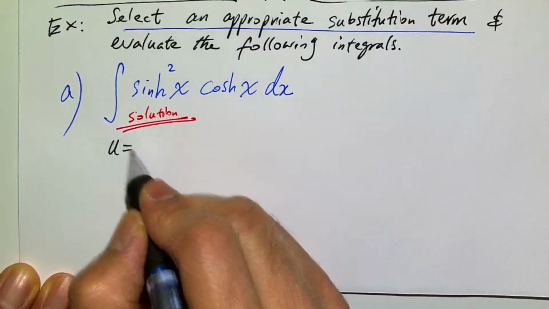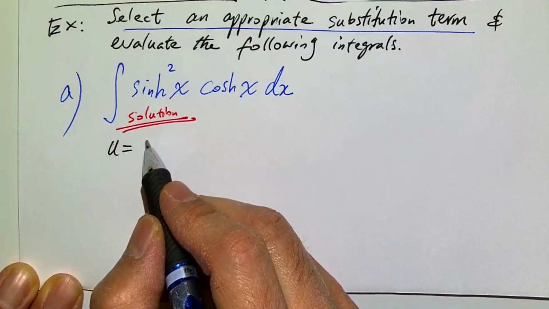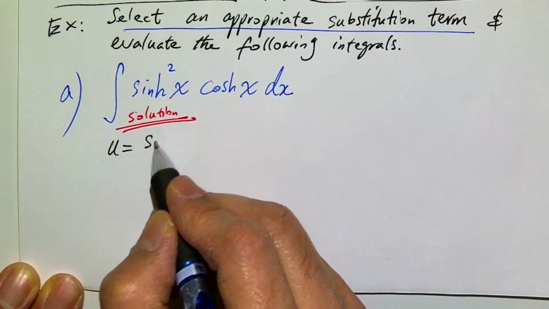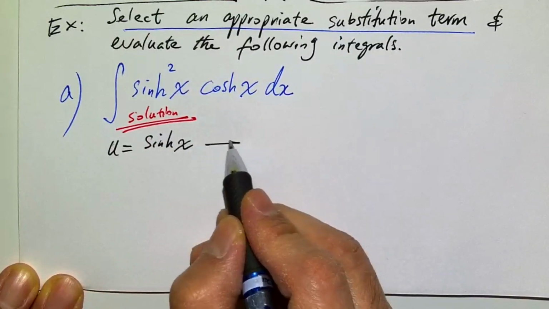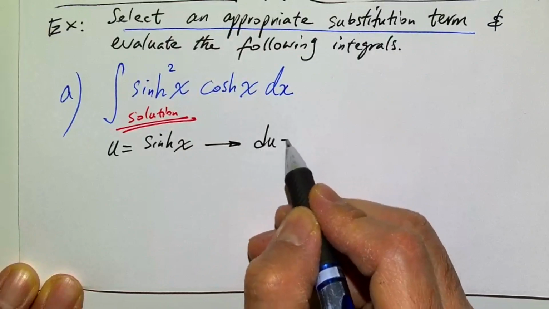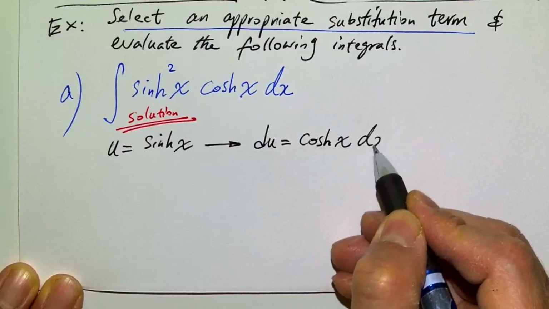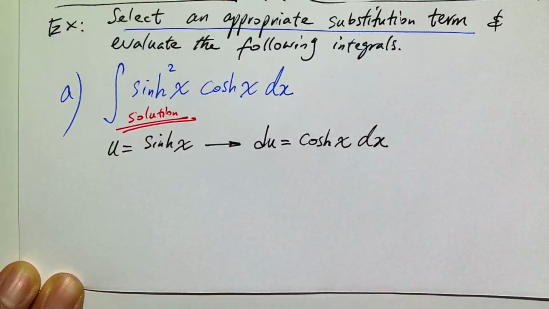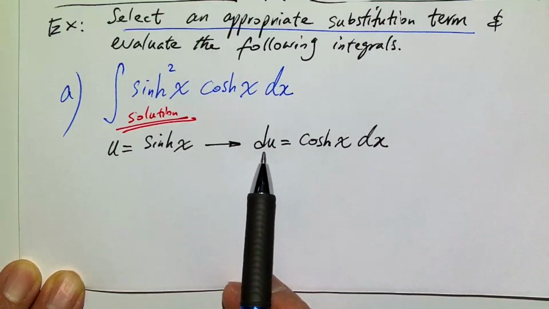So I'm hoping you've done that, and now you're back. So we pick u equal to the hyperbolic sine of x, and that means that du is the hyperbolic cosine of x dx. Now in this case, can we make a direct substitution for dx with du?